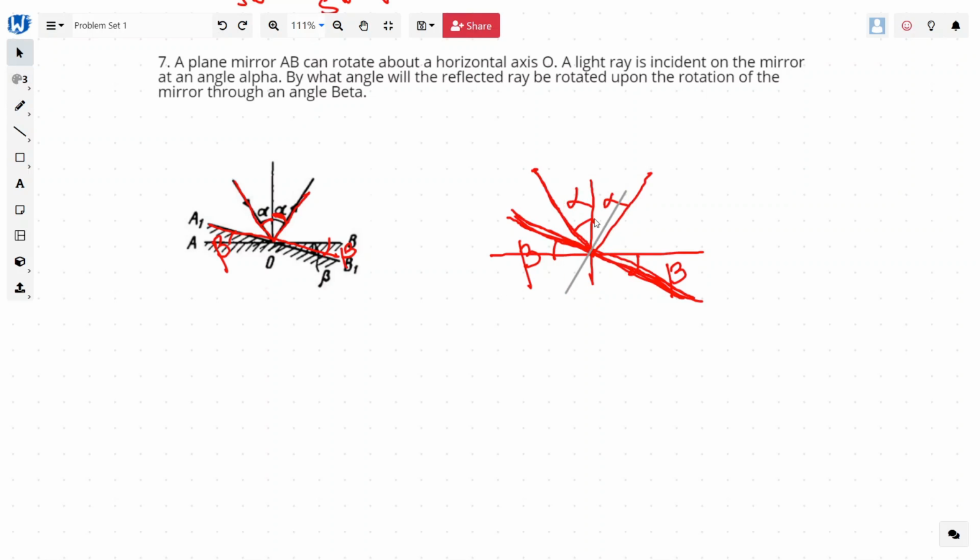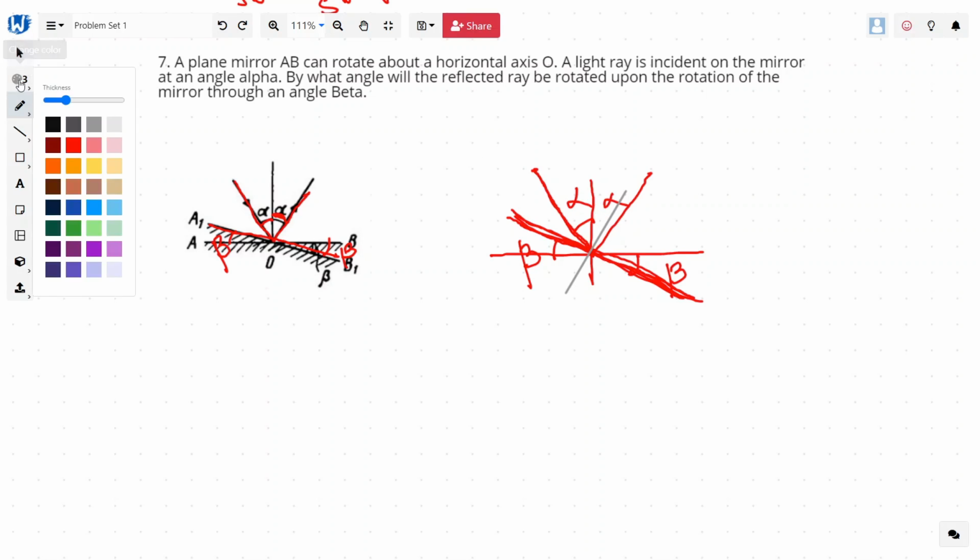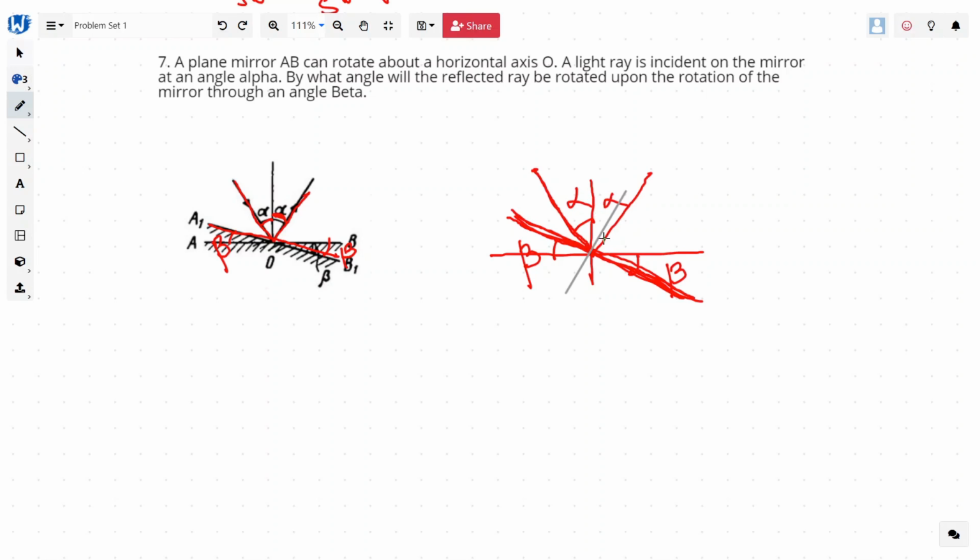Because this was the initial normal, and now we rotated the mirror, so this normal will rotate by another angle beta. Okay, so now the angle of incidence for this mirror is going to be alpha plus beta. So the new angle of incidence.